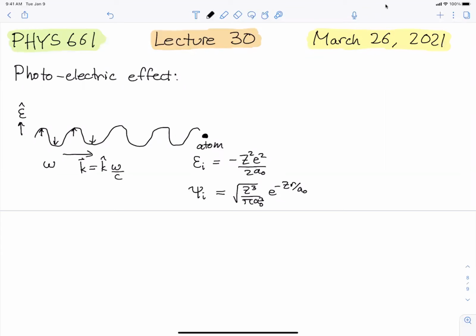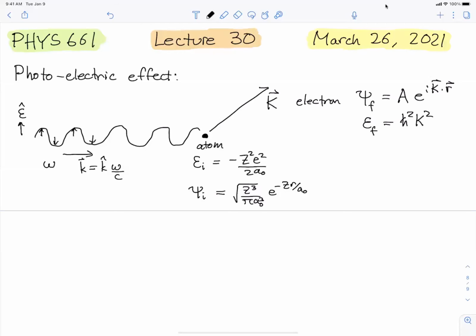And so this photon hits our atom, and then it pops out the electron that we're talking about in some direction, which we're going to call K, capital K. Okay, and the final state wave function is some normalization constant, e to the i capital K vector dot r. And then the final state energy is positive, h bar squared capital K squared over twice the mass of the electron.